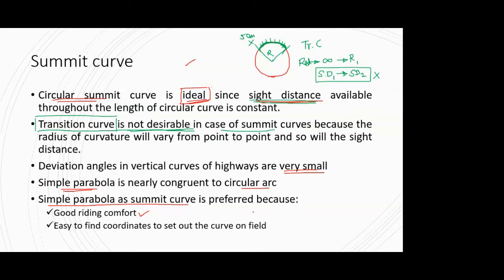When you have to set this curve on the field, you have to do the calculations, use the equation of whatever curve we are utilizing, find out the x coordinate and y coordinate, and accordingly set out the curve on your field. That process is quite easy, less time consuming and less tedious for a simple parabola than for a circle.